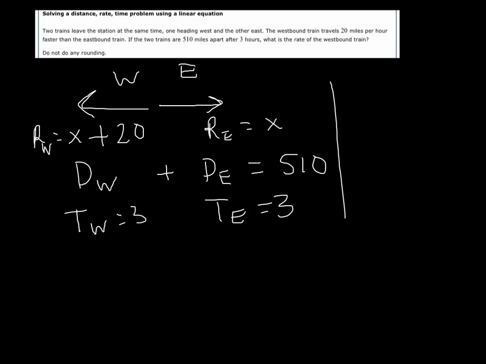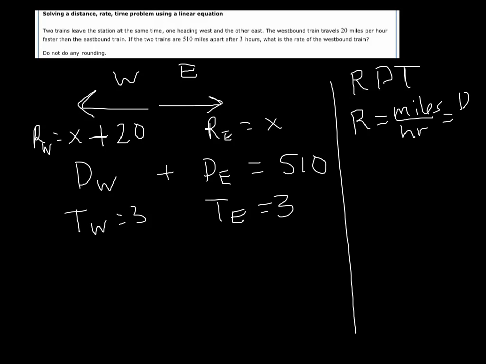Now, let's see, what can I get from this? I still need to figure out what form of the equation I need to use. So the relationship between rate, distance, and time: I always think I'm in my car and my speed is my miles per hour. So miles is a distance, hour is time. So my formula is rate equals distance over time.